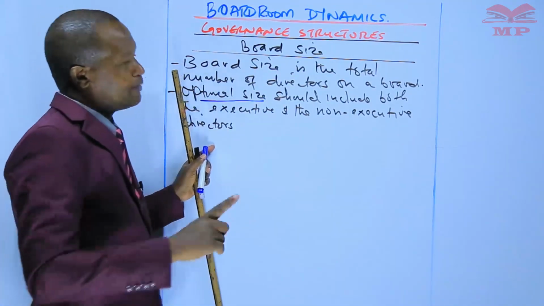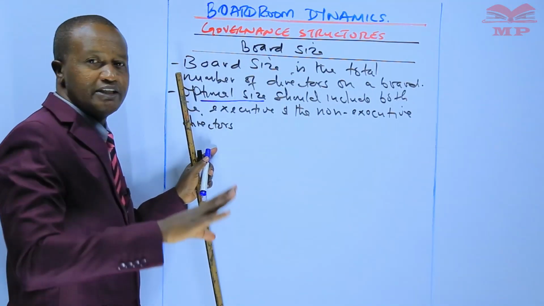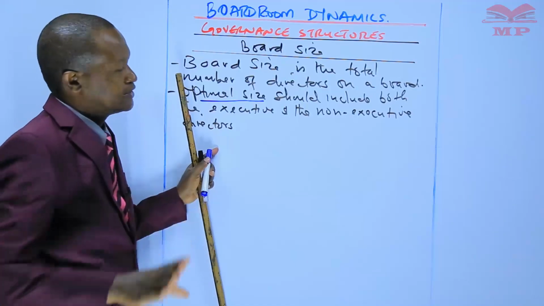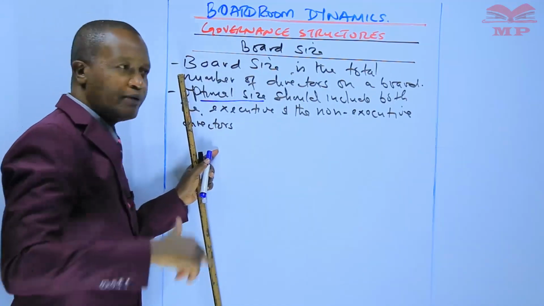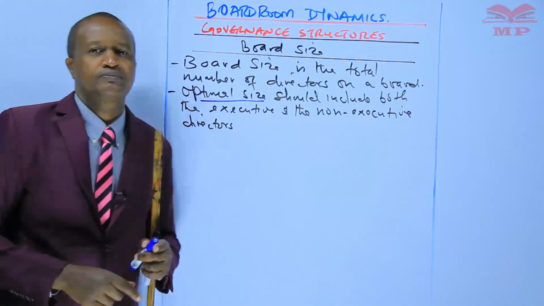If it is a private company, then the company's constitution will specify the minimum and maximum number of directors who should sit on a board.